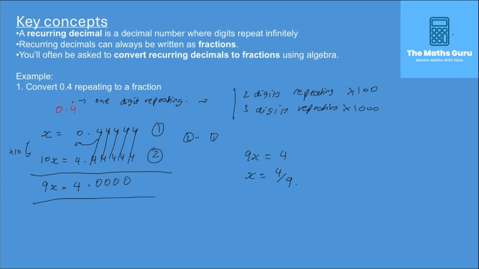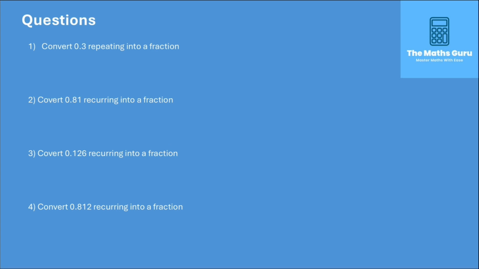Okay, let's move into some proper questions. Convert 0.3 repeating into a fraction. This is a very similar question to the one we just had. First we notice that 0.3 recurring looks like that. We then write it out by assigning it to x, so we get x is equal to 0.3333.